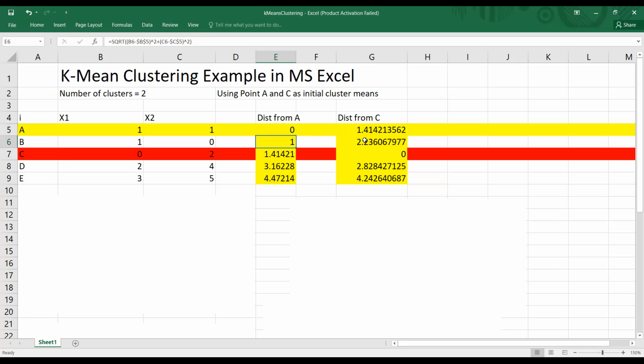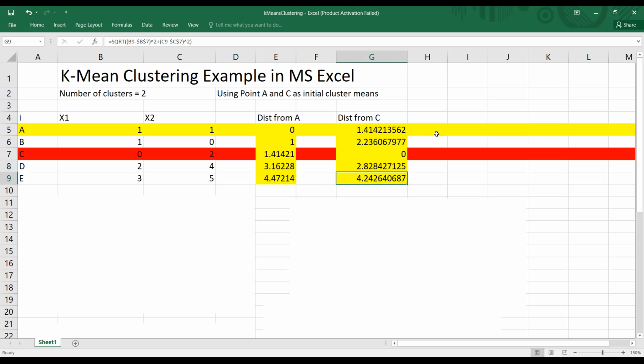Point B is allocated to cluster number 1 because out of these two distances, this is the smallest. Point C is allocated to cluster number 2 because the distance from C to C is the smallest. Similarly, point D will be allocated to cluster number 2 because this is the smallest. And 4.4 and 4.2, point E will be allocated to cluster number 2.